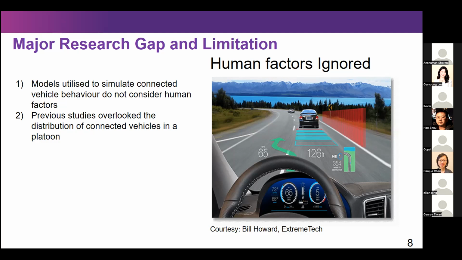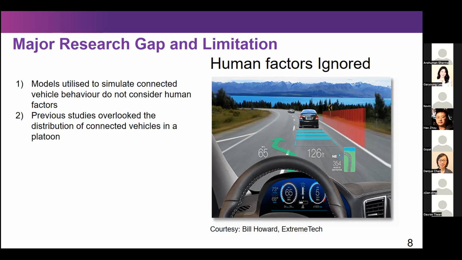So whenever we are trying to model the behavior of connected vehicles, it is important to consider these aspects of human behavior. Also, if you look into the previous studies, they overlooked how connected vehicles are distributed in the platoon. Let's say I want to understand, if I increase the penetration rate of connected vehicles within my traffic stream, how that affects the efficiency and safety of the traffic.